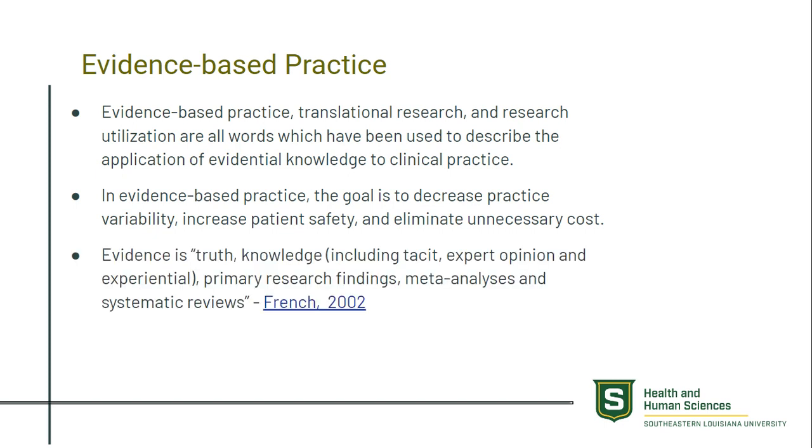So, what is evidence? Because I've been using the word evidence. Evidence can be defined as truth, knowledge, and this includes expert opinions and experimental or primary research findings or meta-analyses or systematic reviews. These are all the multiple ways that research is looked at. Some evidence is seen as being stronger than others.